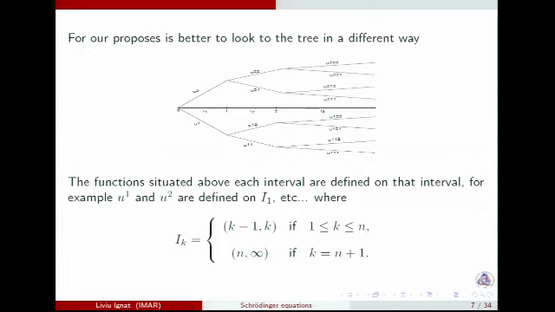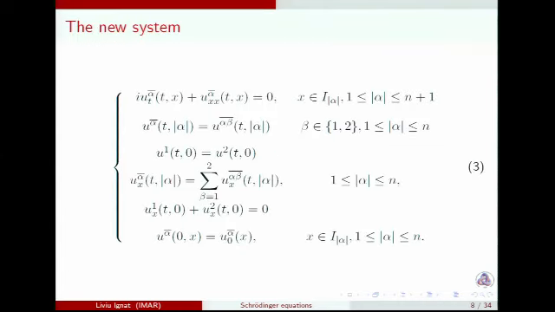So on the interval I1, I have u1, u2. Here we have the same number as the generation of the tree. Okay. Now you write again the system on the intervals 0 1, 1 2, 2 to infinity. You have again to couple.